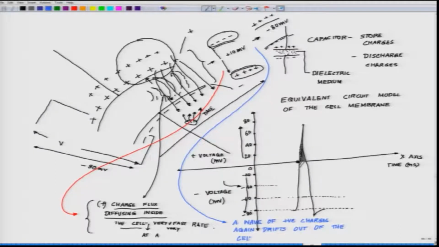Okay. So, first what we observe, positive charges out here, positive charge flux diffuses inside the cell, and it happened at a very fast rate within a very small span of time, which is shown here.